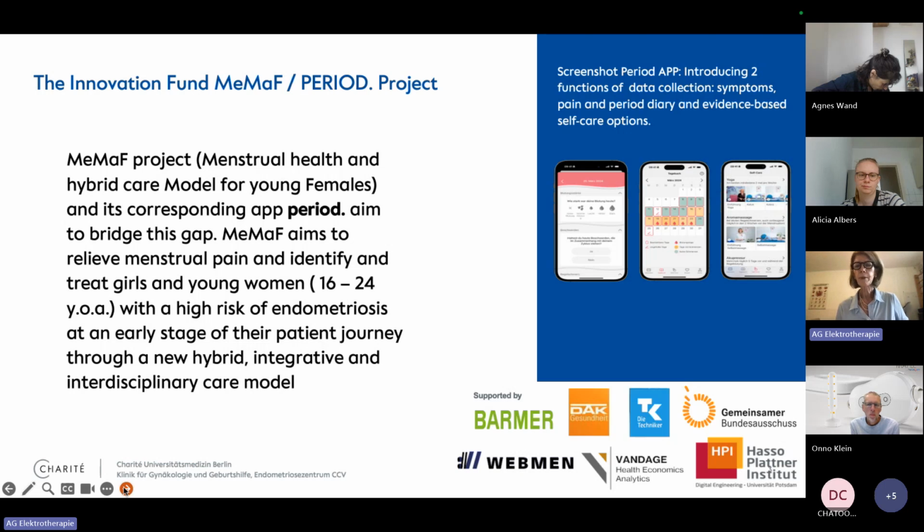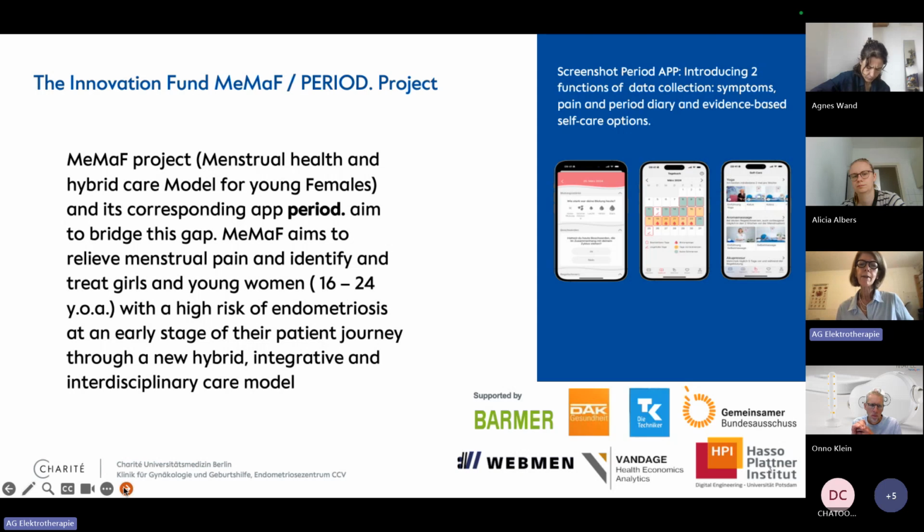So what we did is an innovation fund project called MEMAF, or period. It's the very first time that a multimodal team was looking at it: menstrual health and a hybrid model for young females from 16 to 24 years.